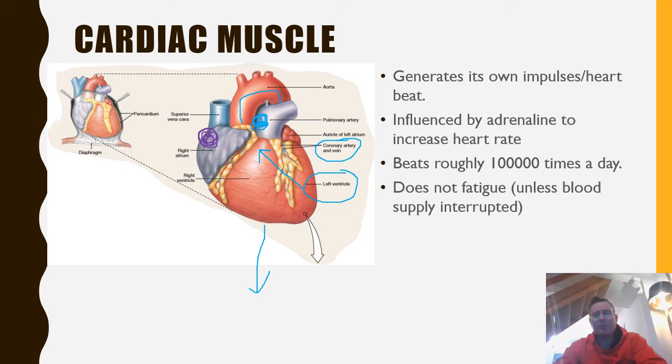So when they become blocked, they cause an interruption in blood flow to the heart, which can create an ischemic condition. So angina is ischemia of the heart. It's a lack of blood flow, lack of oxygenation to the heart, which causes it to almost cry out. And that's where you get those central chest pains associated with raised activity.